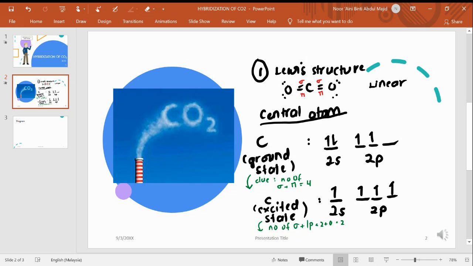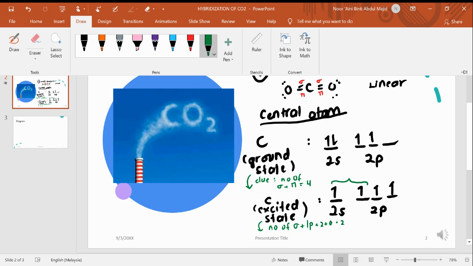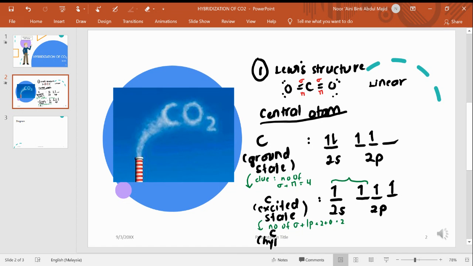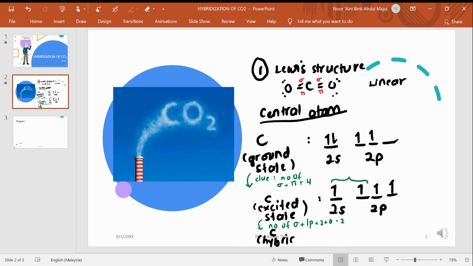That means in this case, the first two orbitals will hybridize. 1s mixes with 1p, and that will produce 2, 1 plus 1 equals 2, and we get 2 sp orbitals.